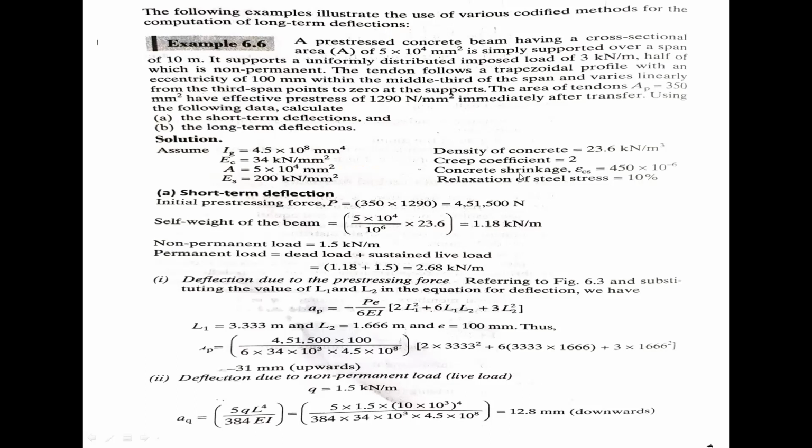A small correction in the relaxation of steel stress, 10 percent.